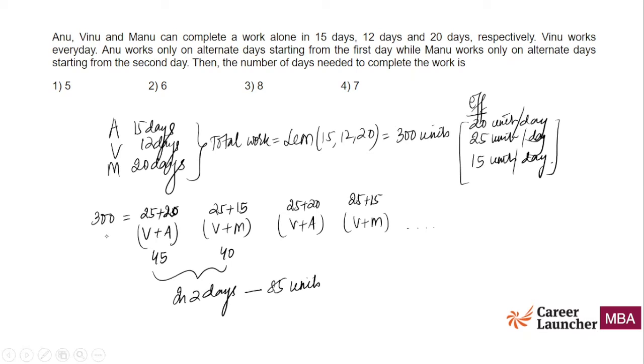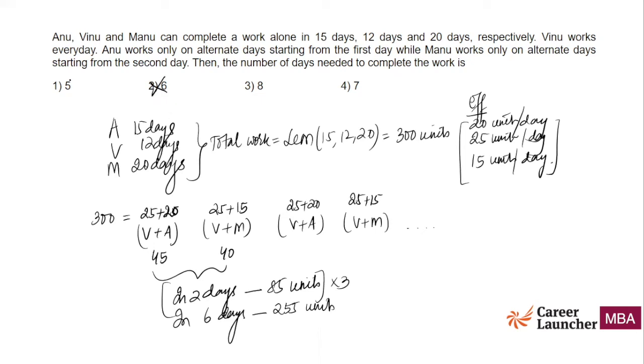Now we have to go up to 300. So 85 into 4 will be more than 300, 85 into 3. So let's multiply everything by 3. So we get that in 6 days, a total of 85 into 3, which is going to be 255 units. In 6 days, 255 units.